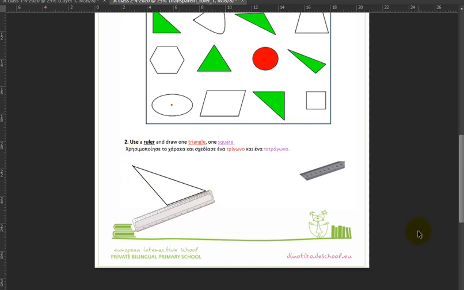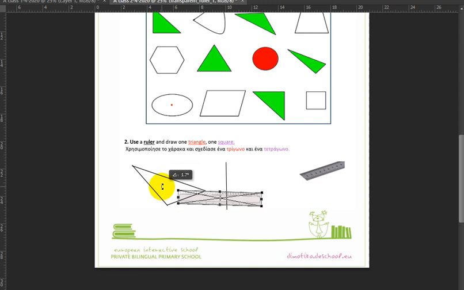And then with the next one, I want to take my ruler, I'm going to make a line here like this. Then to make it a square, I have to make sure that my next line isn't bigger than this first line.